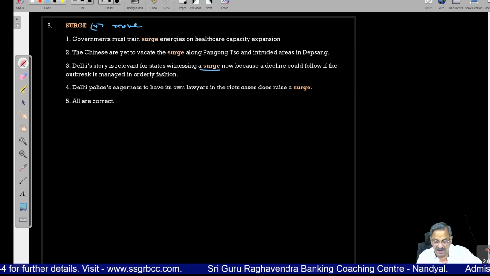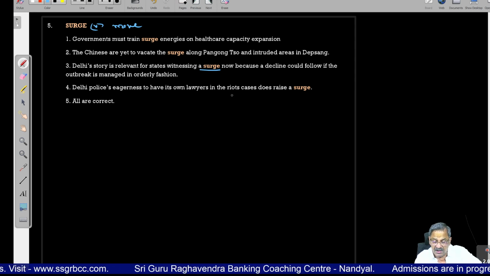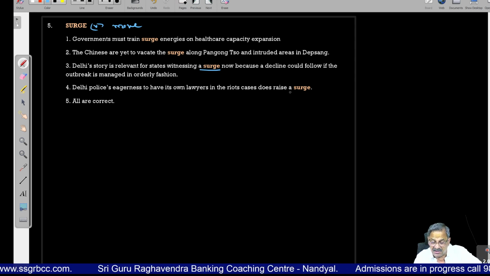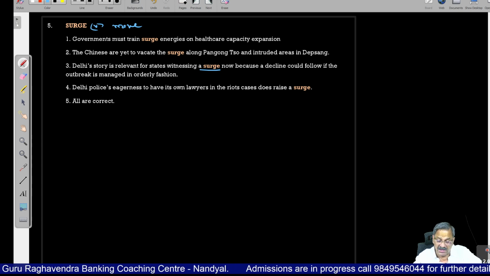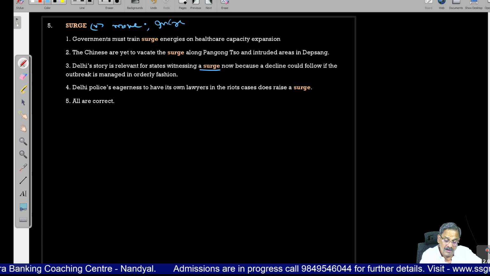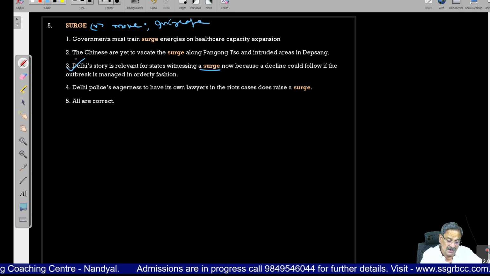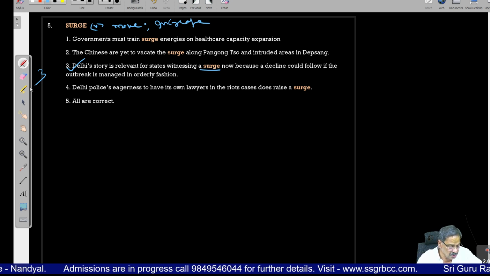So it is okay. Then Delhi police eagerness to have its own lawyers in the riots cases does not raise a surge. Here, Delhi story is relevant for states witnessing an increase. A surge means increase, move. If you read carefully, third one is only the corrective usage.